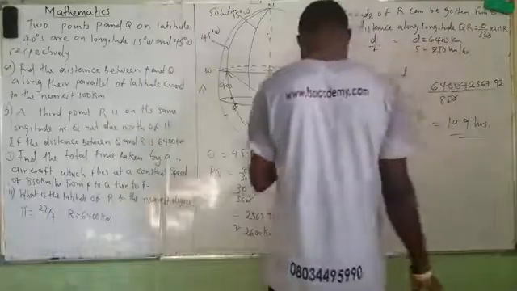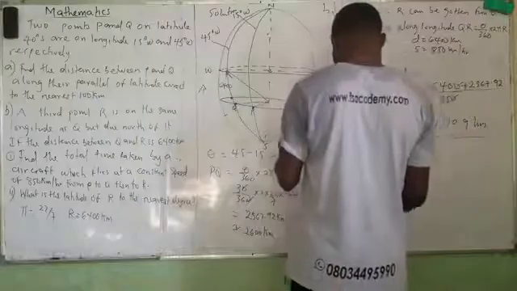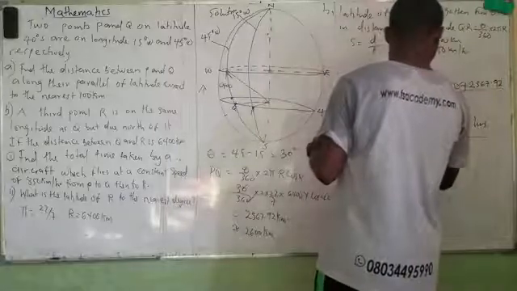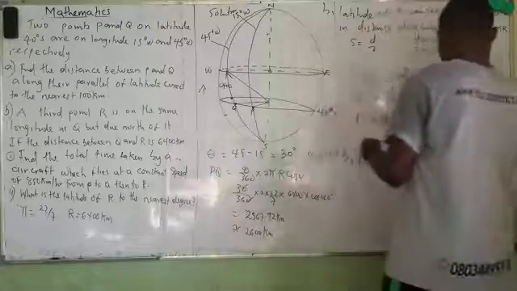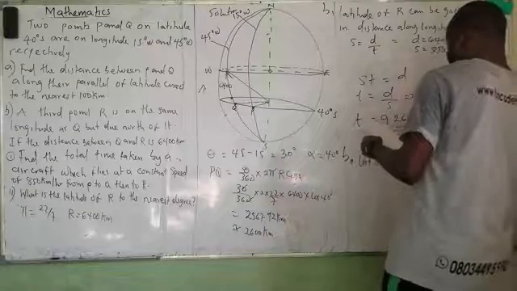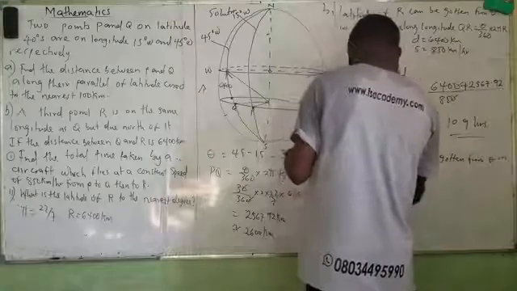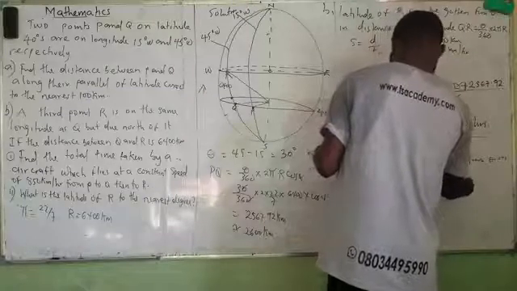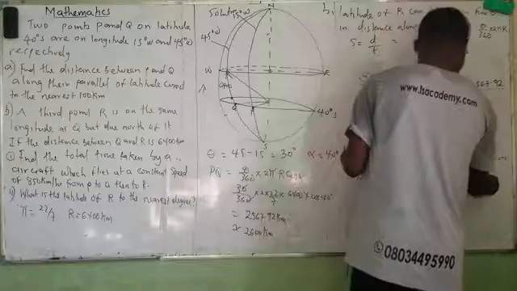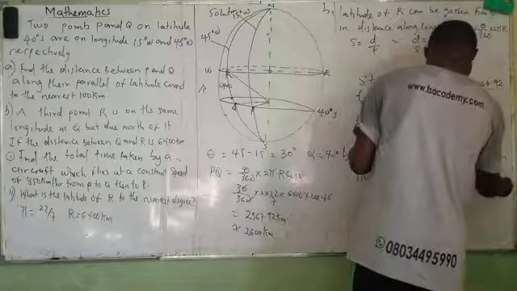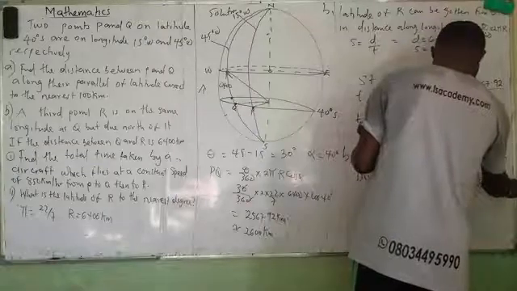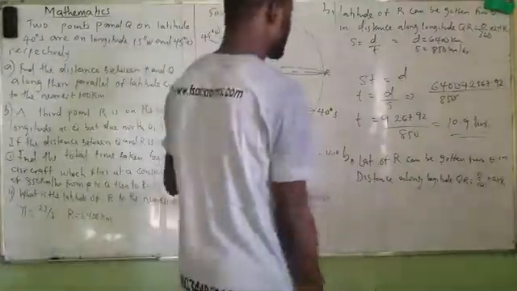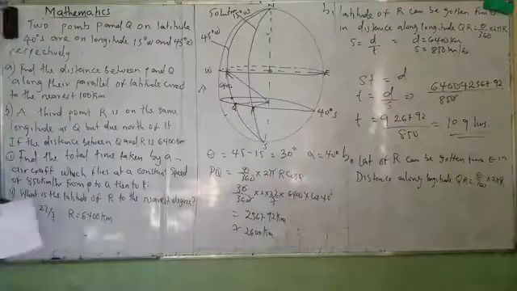We are looking for the latitude of R. The latitude of R can be gotten from theta in distance along longitude QR, which equals theta all over 360 multiplied by 2 pi big R. Now, what is the distance?